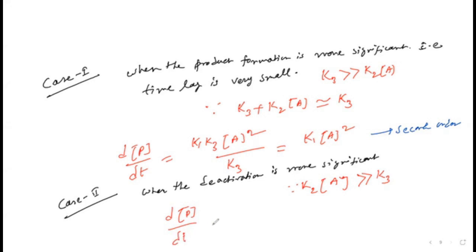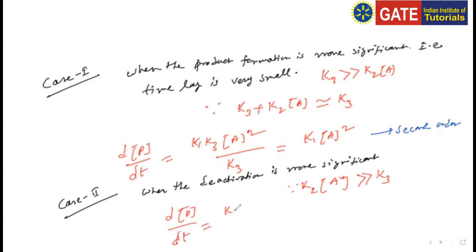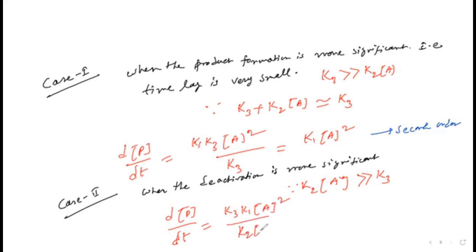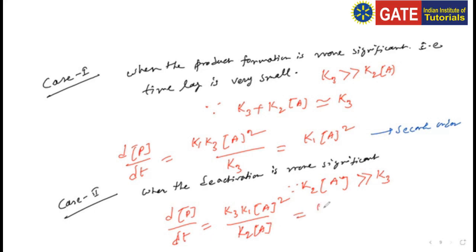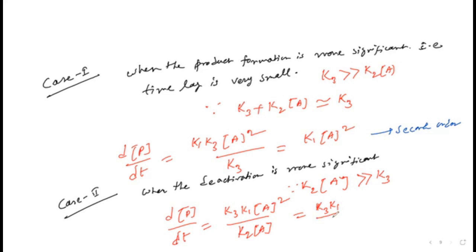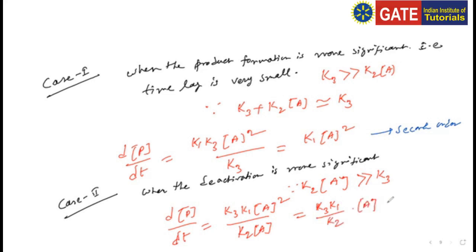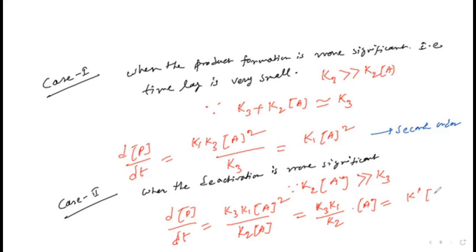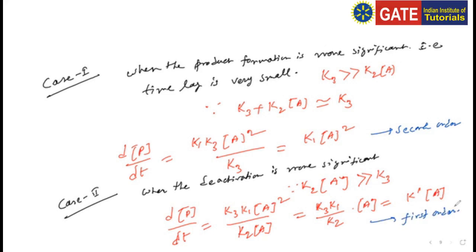We can also write dP by dt equals K3 K1 A square divided by K2 A, nothing but K3 K1 by K2 into A. This is K dash.